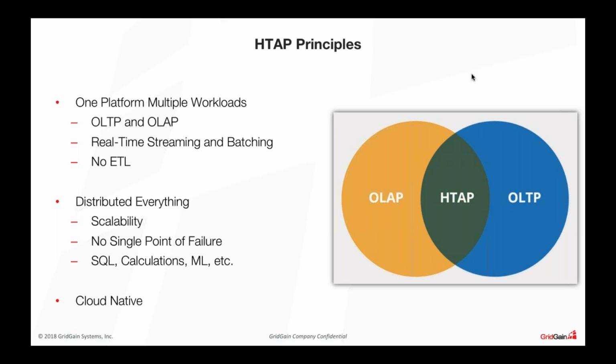Because when we talk about HTAP, it is assumed by definition that your solution and your services will be scalable. They will be fault tolerant. There will be no single point of failure. You cannot just rely on a single instance database with HTAP, for several reasons. The first one is scalability issues, and the second one is capacity.